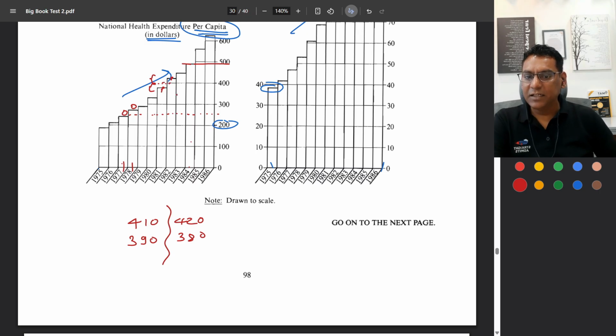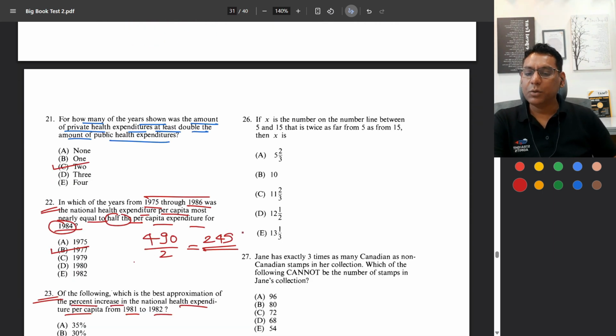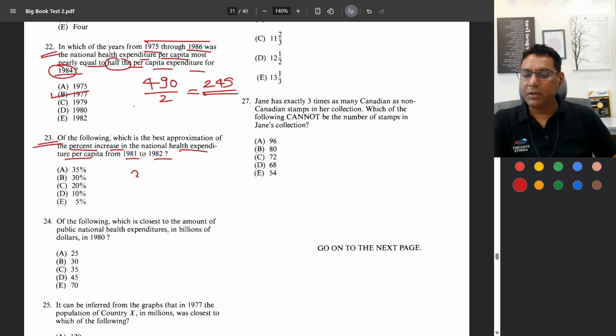I think it is more like 380 and 420, because if you divide this into 5, 1 2 3 4 5, then it's matching up with that. So let's go with this. Essentially the question is, if something goes from 380 to 420, what percent increase has it demonstrated?